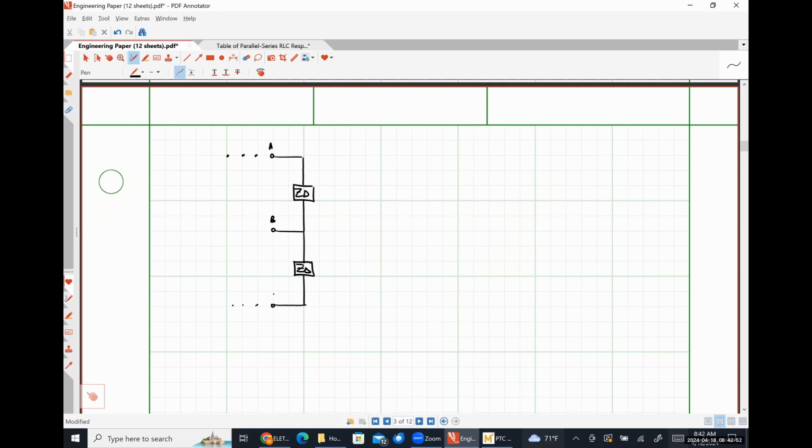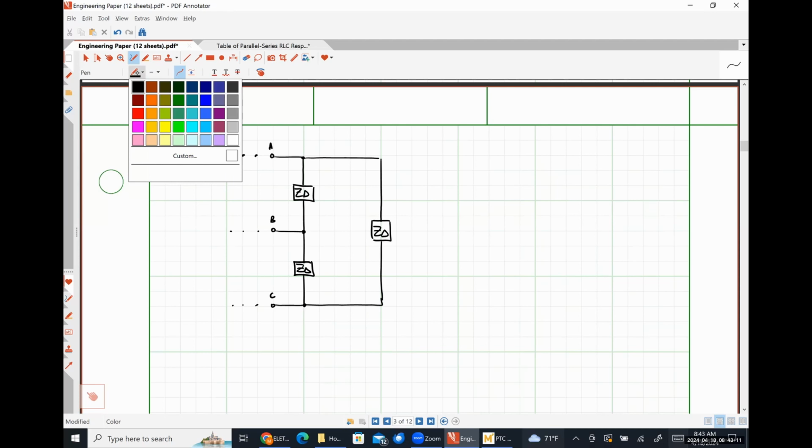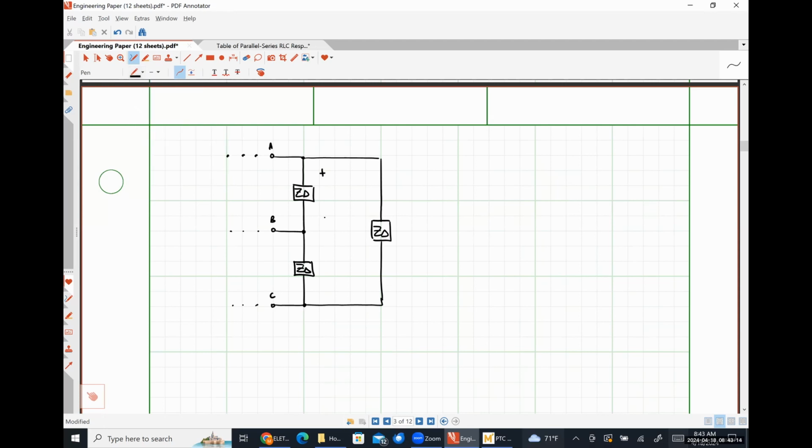A, B, C. So we would have some phase voltage here, VAB, some phase voltage here, VBC, and some phase voltage here, VCA.